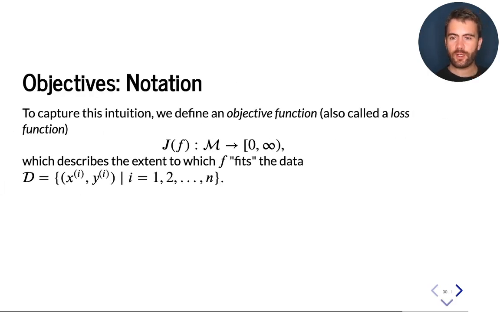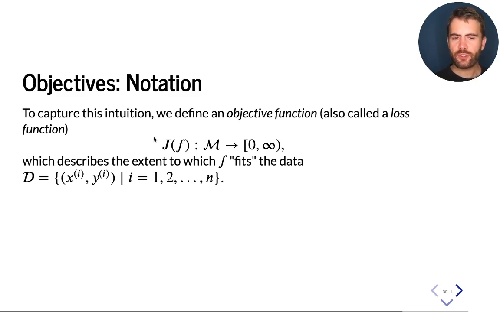Now, given a model class, we have to have a way of choosing what kind of model is a good fit to the data and what model is a bad fit to the data. And for that, we need to define an objective function. It is also often called a loss function because it tends to be large when the model doesn't fit the data well, and it tends to be small when the model fits the data well.